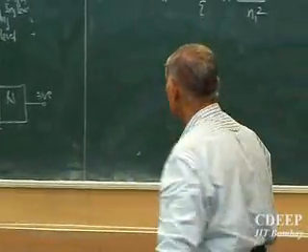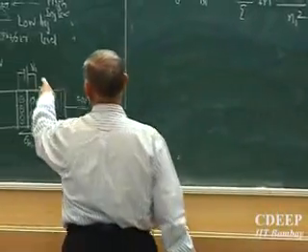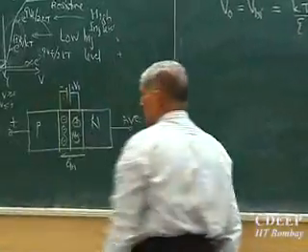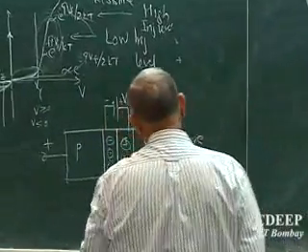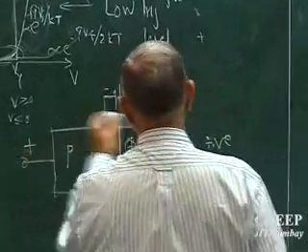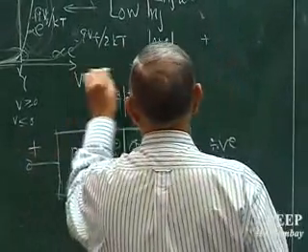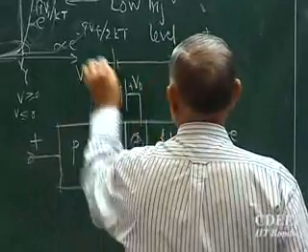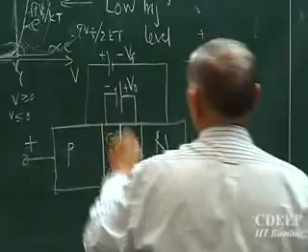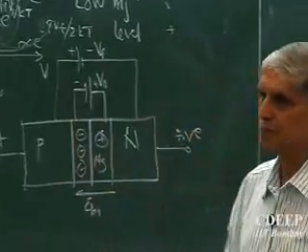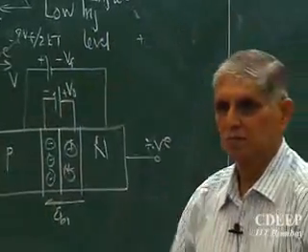However, when I apply positive voltage, that is this positive and this negative, it is as much as saying I am putting another battery of VF. Is that okay?